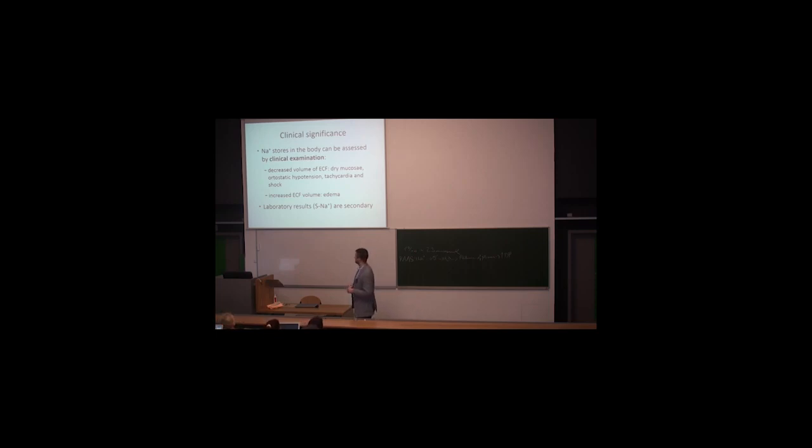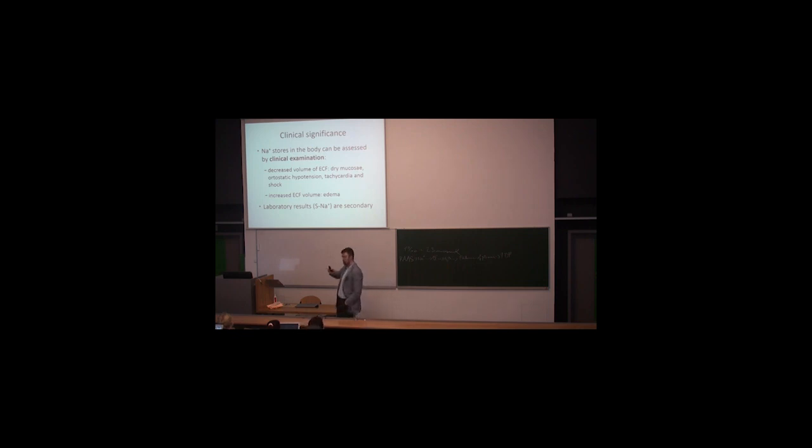What is written here is the first information why it's important to make a difference between what we measure in the blood, the concentration in the blood, and what can be the amount in the whole body. So for sodium, you can have the situation when you have normal or almost normal serum concentration, but still you accumulate sodium inside your body.